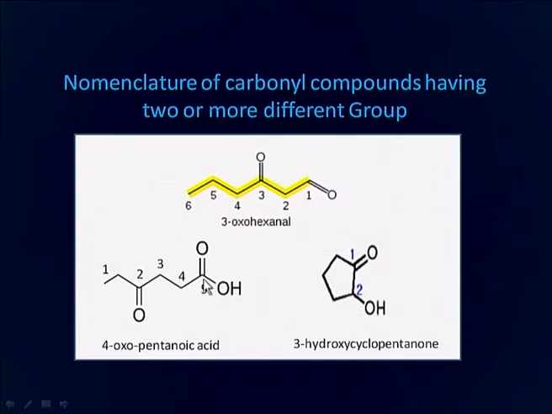That is why the numbering will be done from this carbon and not from this carbon. As a result, position 4 will have an oxo group, and that is why the IUPAC name of this molecule will be 4-oxopentanoic acid.